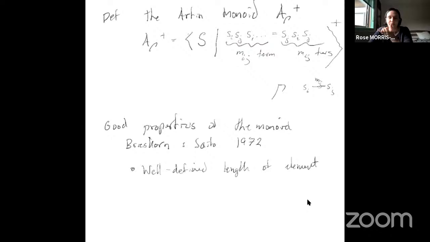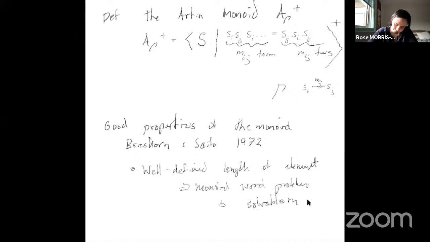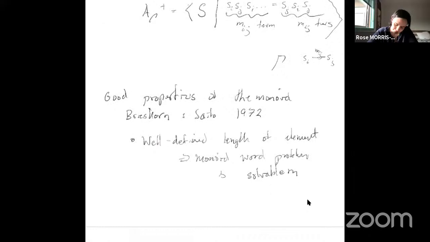So all of the words representing a single element will have the same length. And this implies that the monoid word problem is solvable. Remember that the word problem is one of our open questions in general for groups. These are good properties for the monoid for all A gamma.